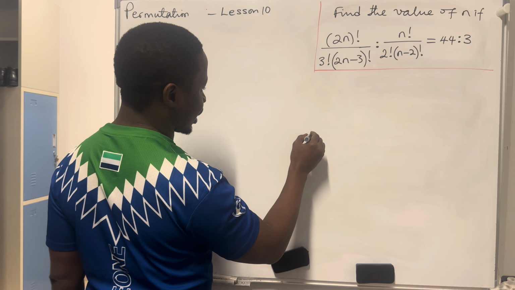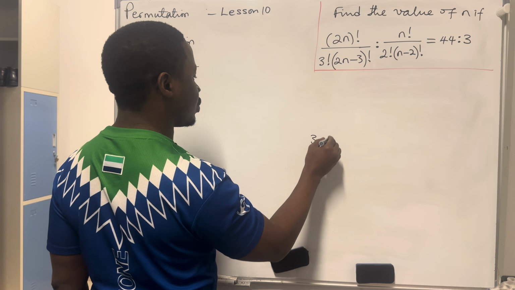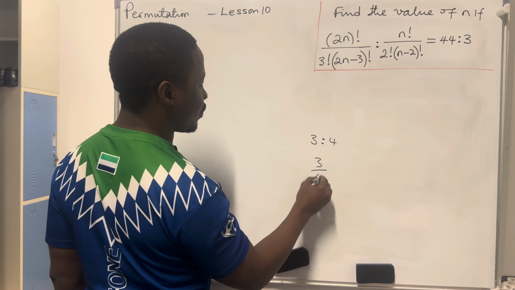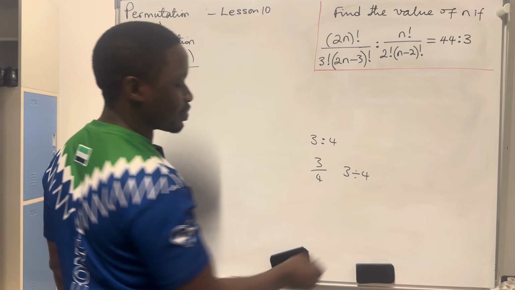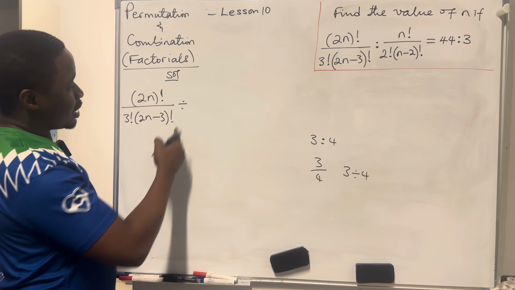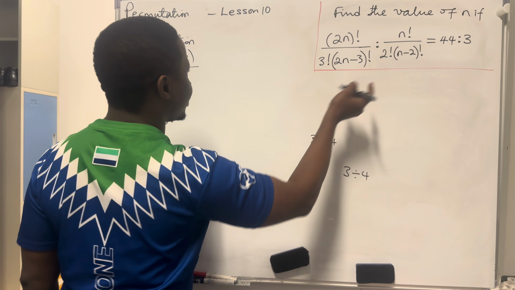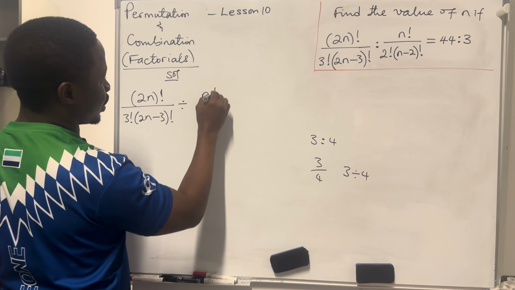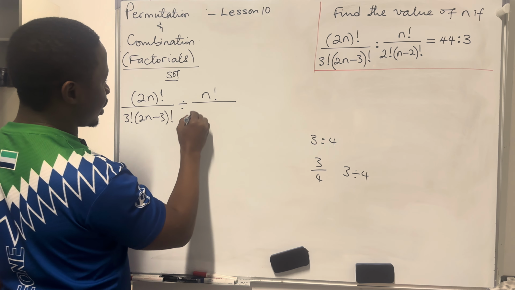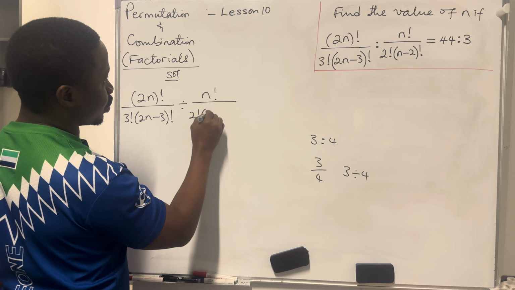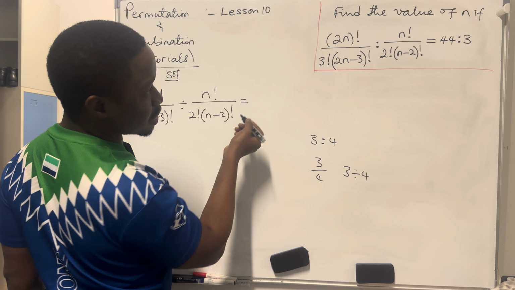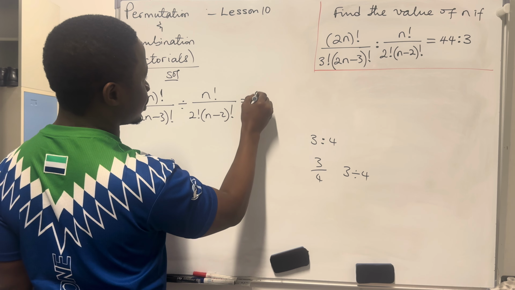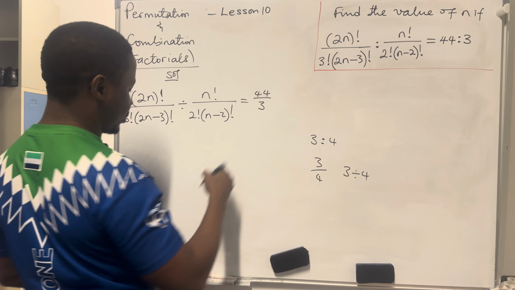Because I just told you that 3 to 4 is 3 over 4, and 3 over 4 is the same as 3 divided by 4. So we change this ratio to division. n factorial divided by 2 factorial into n minus 2 factorial. So that 44 to 3 is 44 divided by 3.